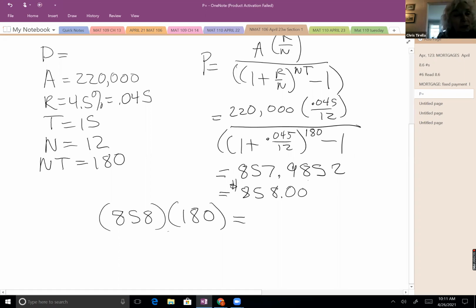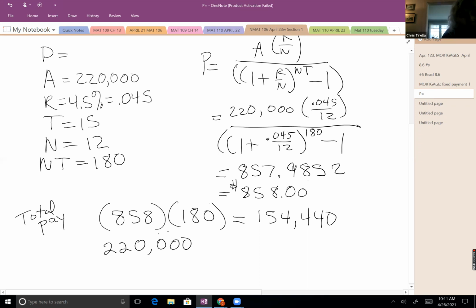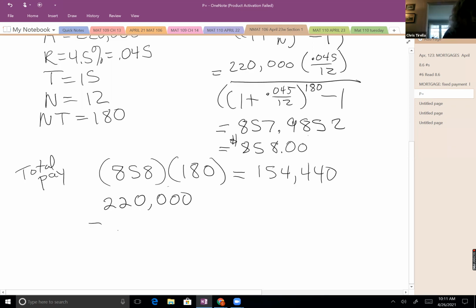I don't think they do want you to do that though. So 858 times 180, the amount that comes from payments would be 154,440, the total of the payments. And then the interest would be the difference between that 220,000 that we get out and the 154,440 that we put in.